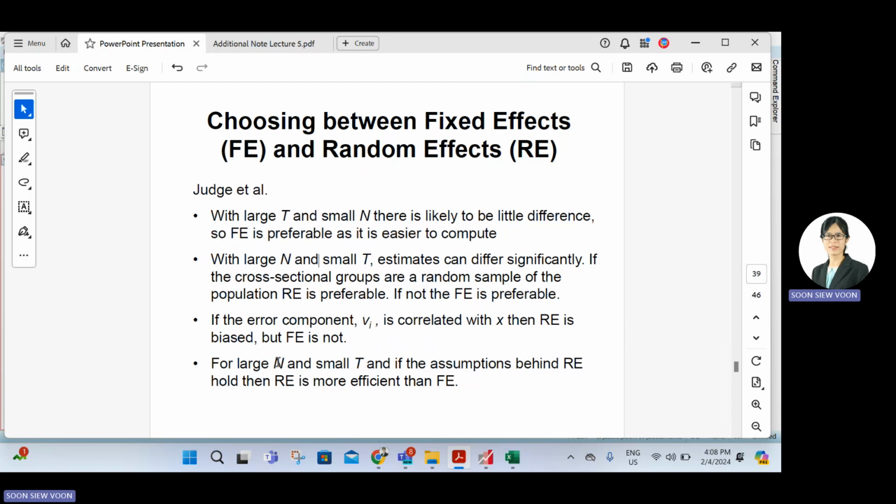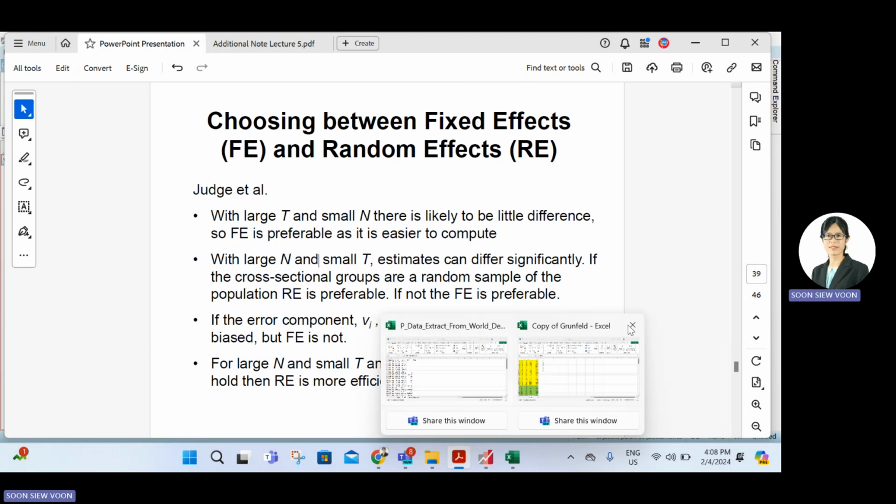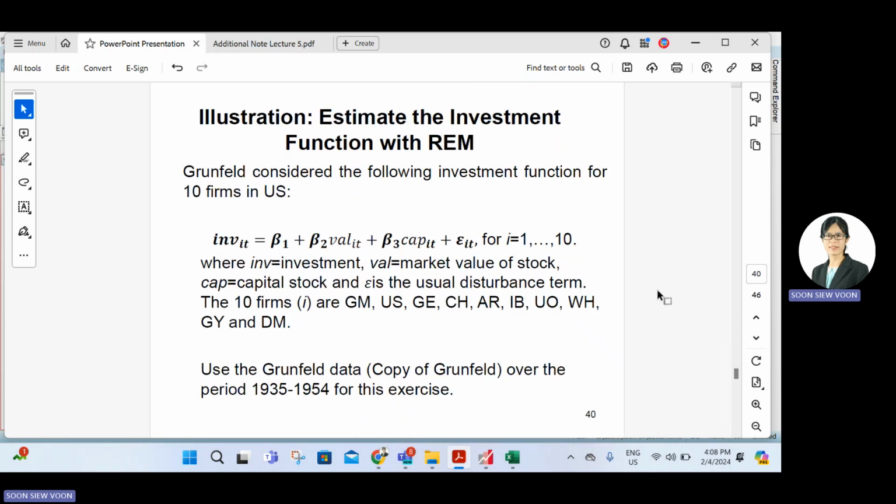How about for large N and small T? If you have many firms but a very short sample, and the assumption behind the random effect holds, then the random effect is much more efficient than the fixed effect. So there are several guidelines for us to follow to help us choose between the models.